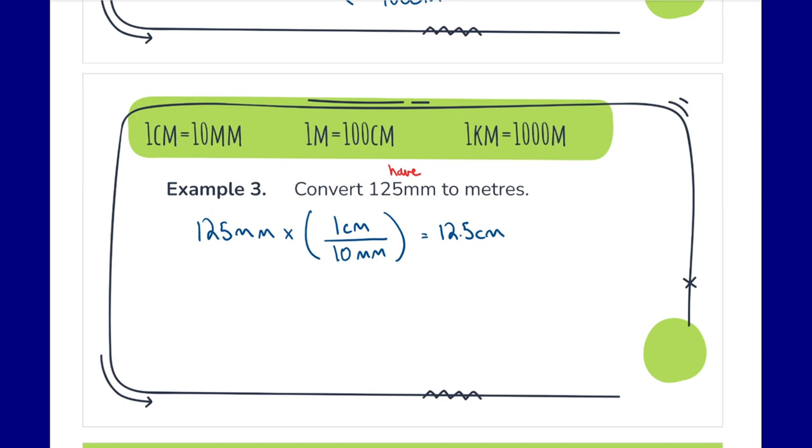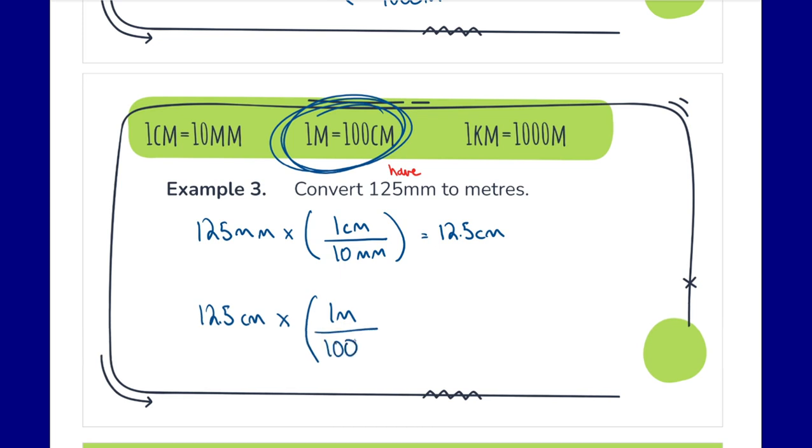Now we can take the 12.5 centimeters, multiply that by our unit rate connecting meters and centimeters. I want meters, so from my unit rate, I'll leave that circled, 1 meter goes on top, 100 centimeters goes on the bottom, because those are the units I have.